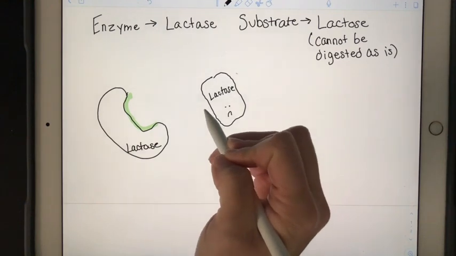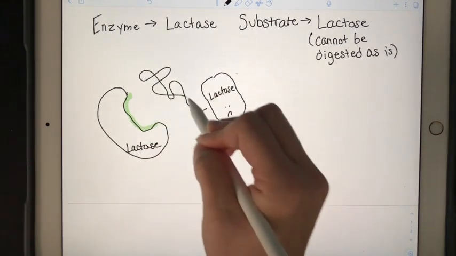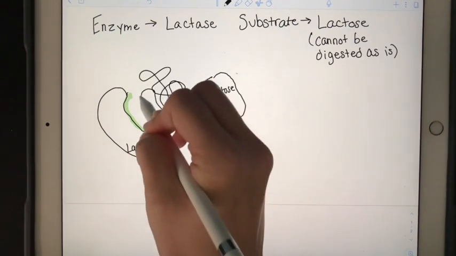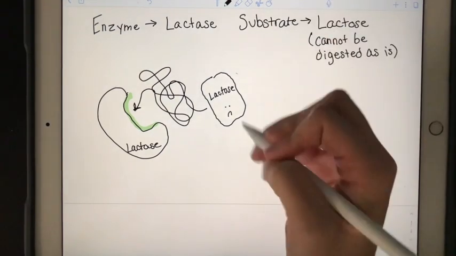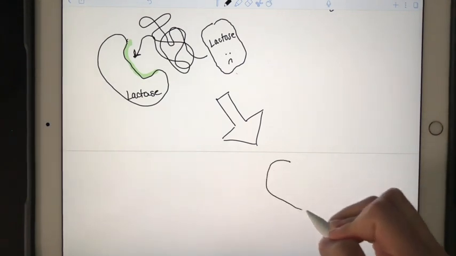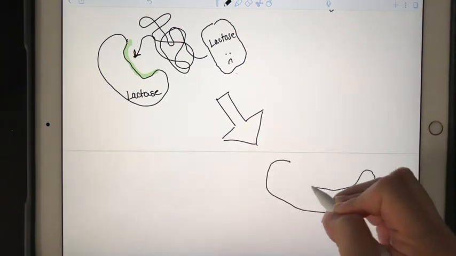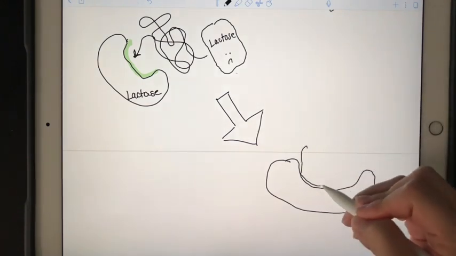What will happen is when this lactose is going around, it has random molecular motion, just doing its own business, and then boom, it finds itself in a lactase enzyme. Once that lactase gets a hold of our lactose, we can make a drawing that looks a little bit like this.